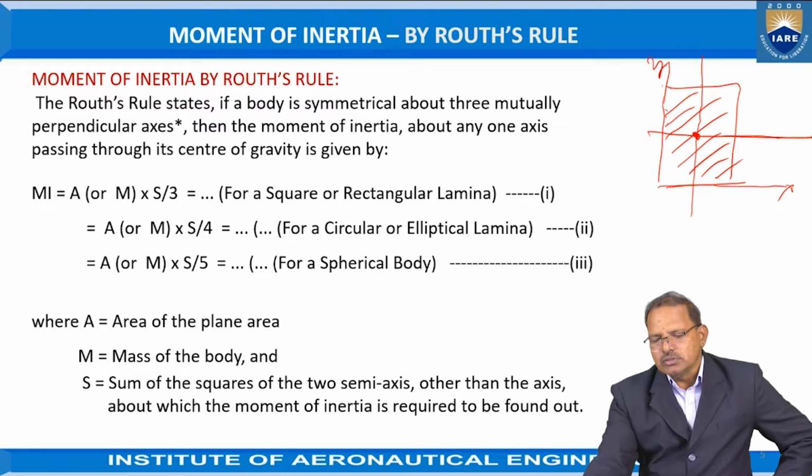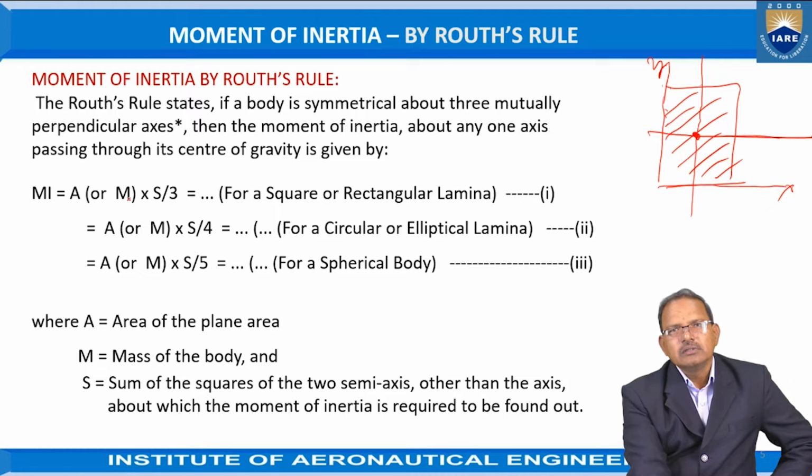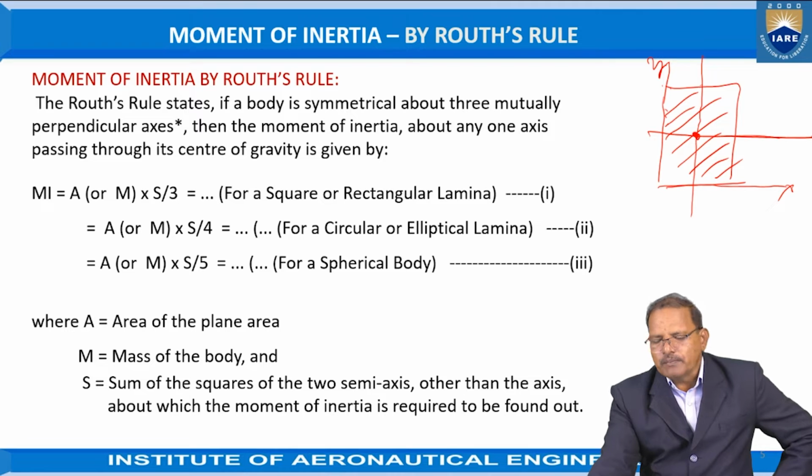Hence, according to Routh's rule, the moment of inertia about any one axis passing through its center of gravity is given by M.I. equal to A or M into S by 3, where A is the area of the plane and M is the mass of the plane area, if it has uniform thickness, multiplied by S by 3.